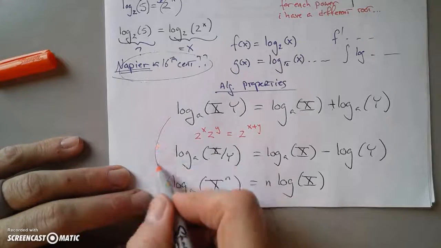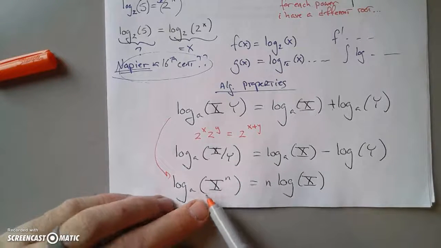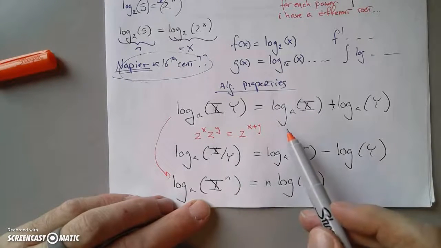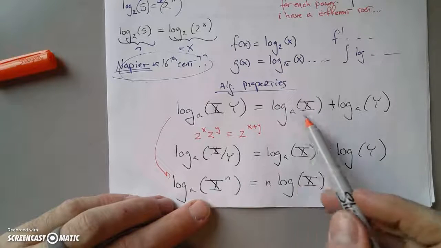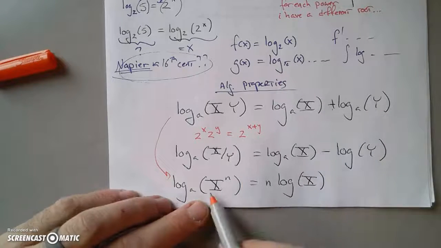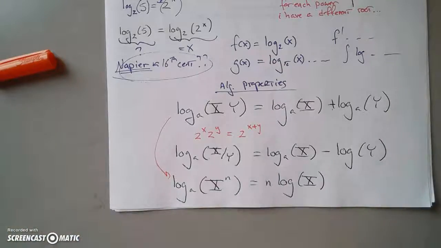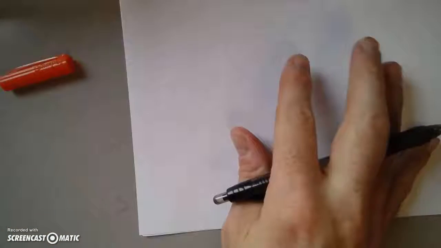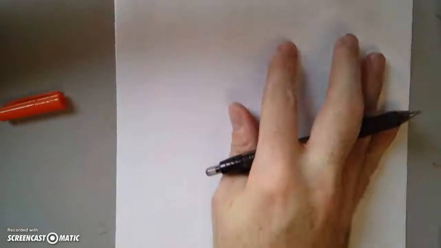Now this one actually follows from the first, right? If you had a log of x times x, that would be log of x plus log of x. Actually, let's just show you. So let's try to understand a couple of these.